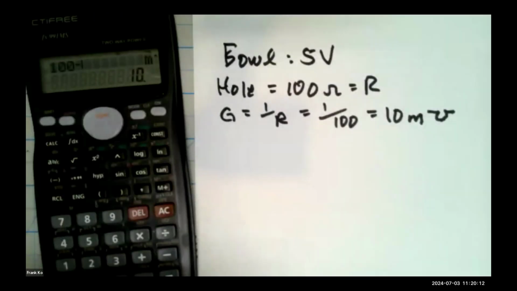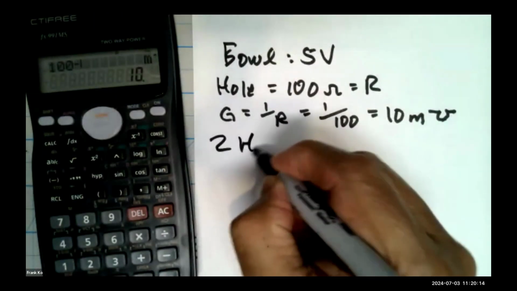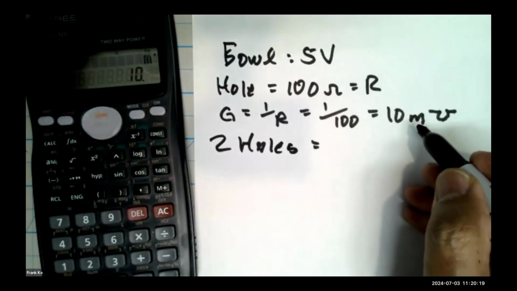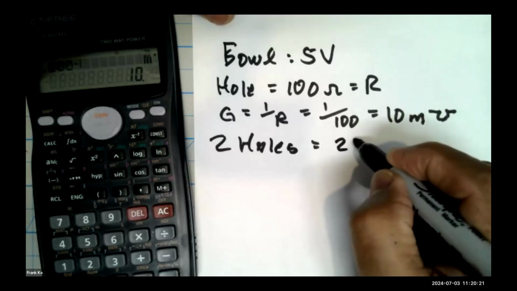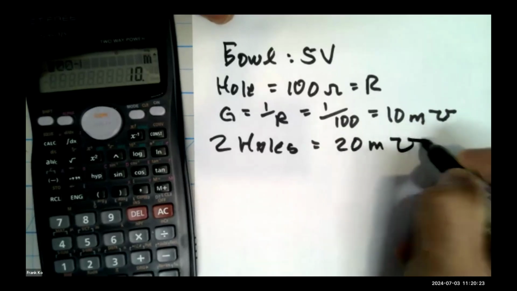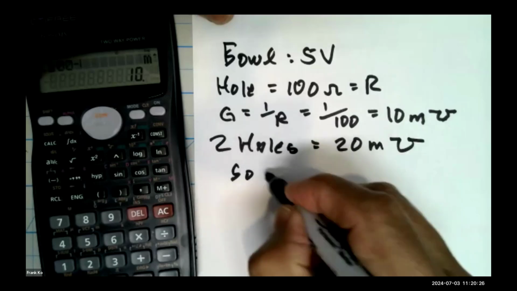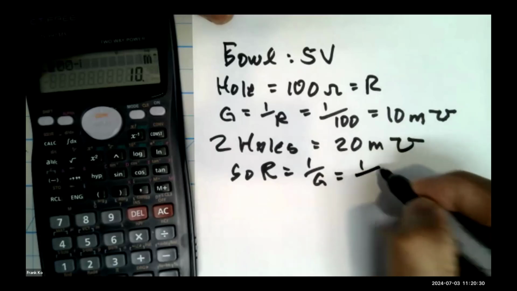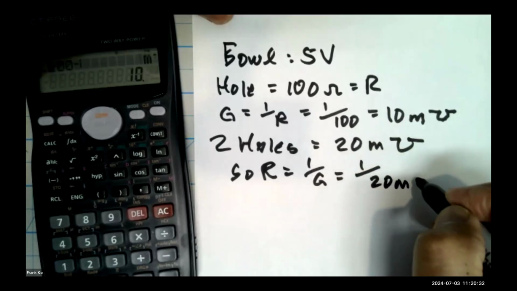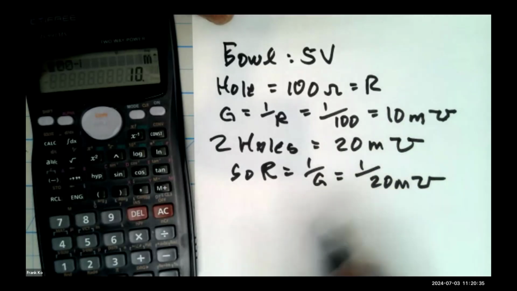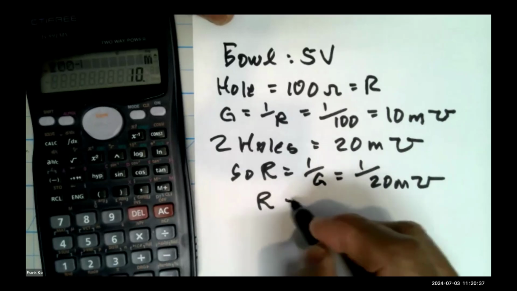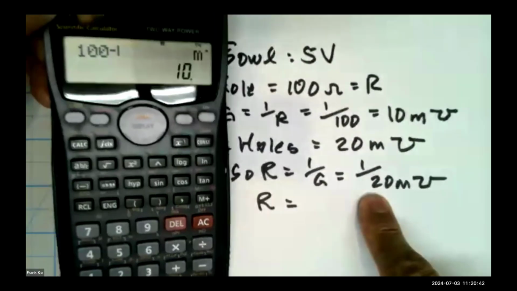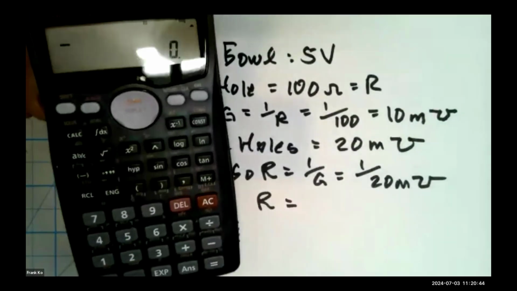Now if we put in 2 holes, 2 holes means I have twice as much conductance. So this is equal to 20 millimhos. So R is equal to 1 over G, which is now equal to 1 over 20 millimhos. How do I key the 20 milli into the calculator? Clear the calculator, and this is very easy.